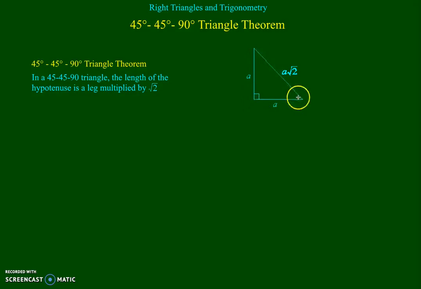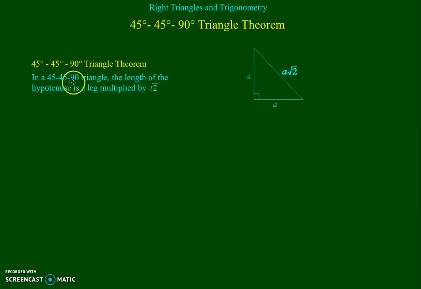That means these two angles are congruent, and by the converse of the base angles theorem, we know the two legs are congruent. So a 45-45-90 right triangle is an isosceles right triangle, and that's an important topic.